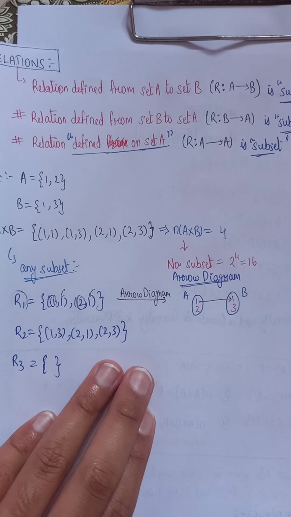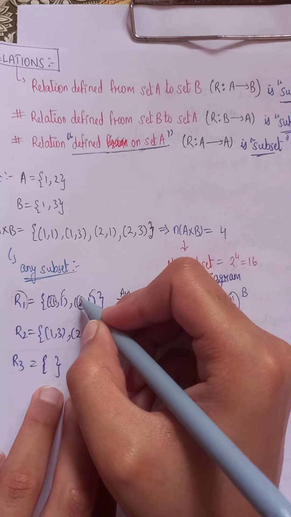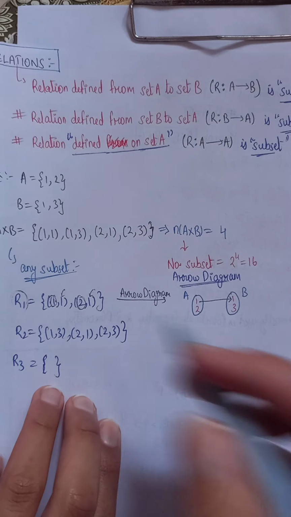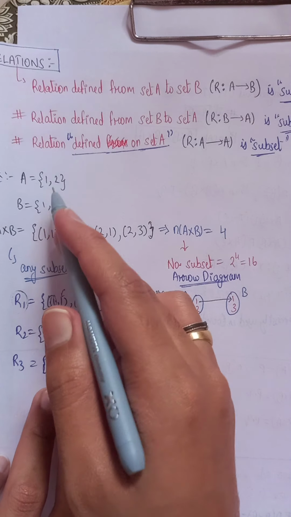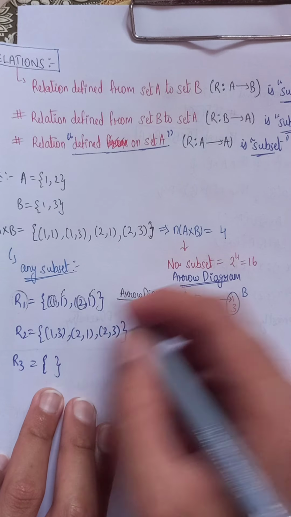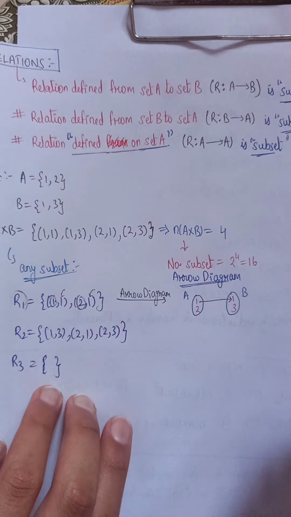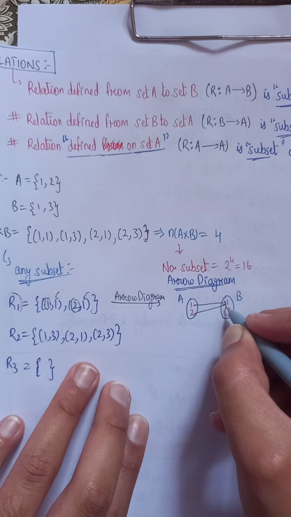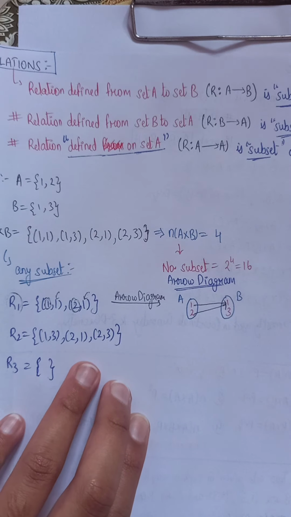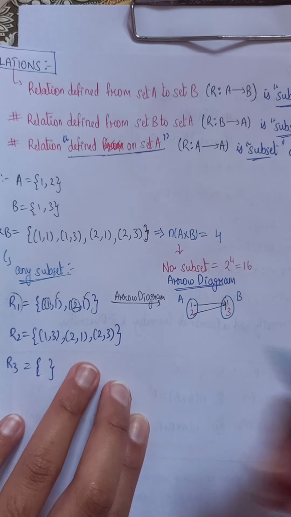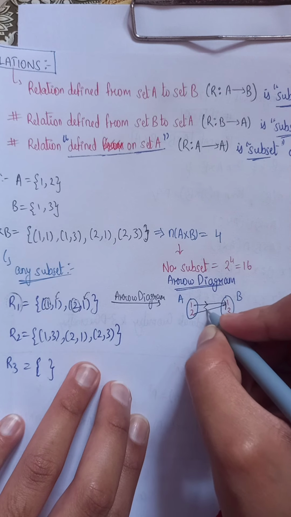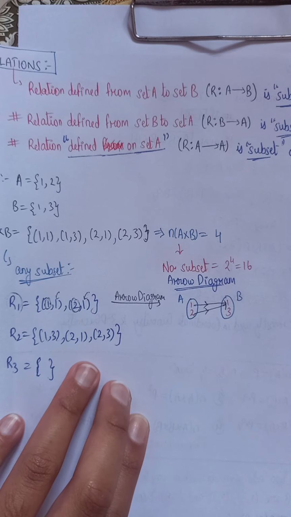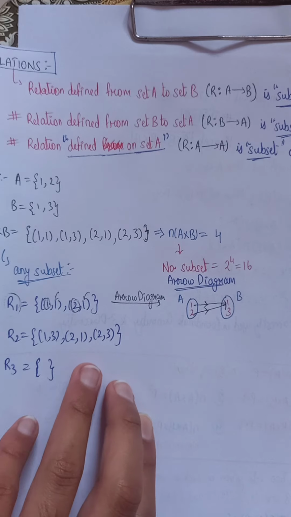Next, 2 comma 1 means that the element 2 in set A is in relation with the element 1 in set B, so I will represent it like this. 1 comma 1, 2 comma 1.